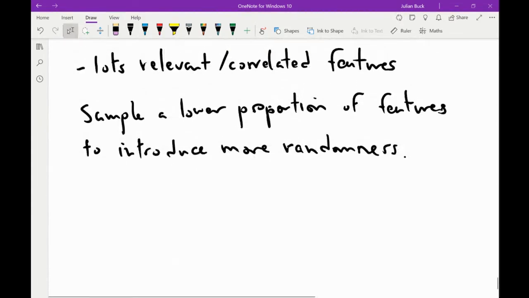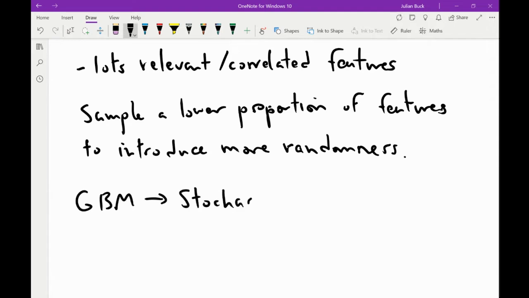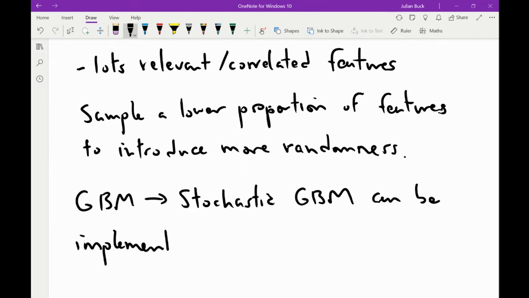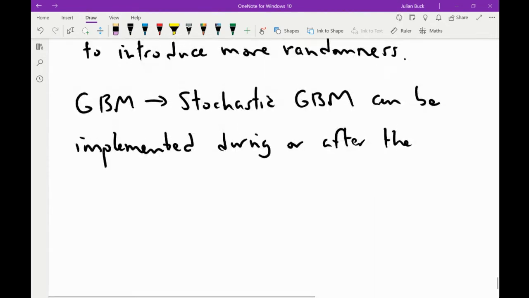Now, how do you actually implement this? Well, you can do it during the tuning process or at the end. So going from gradient boosting to stochastic gradient boosting can be implemented during or after the previously discussed hyperparameter tuning process.